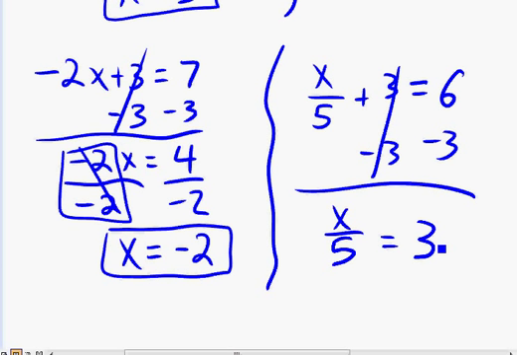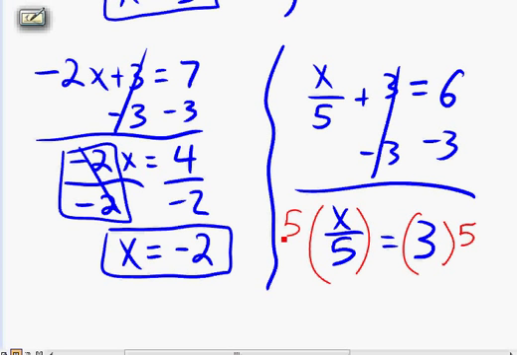Well, if it's dividing by 5, we can do the opposite operation, which is multiplying. We can multiply by 5. The 5 on the top and the 5 on the bottom will cancel. We're left with just x equals 3 times 5, 15.